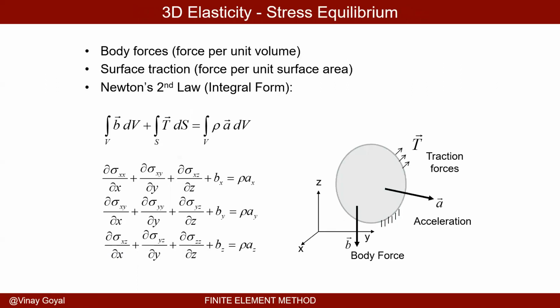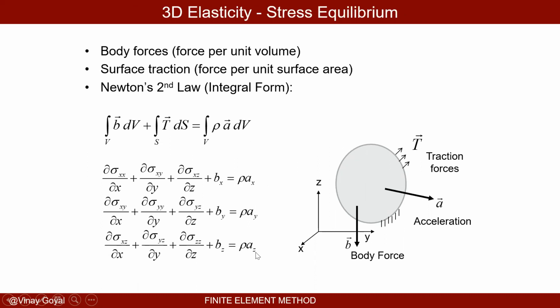So from there, we want to look at what we already discussed, which is the stress equilibrium equations. The stress equilibrium equations that we derived are these three equilibrium equations of elasticity. And this considers the body forces B with components Bx, By, and Bz, the density, which we're going to assume is uniform.